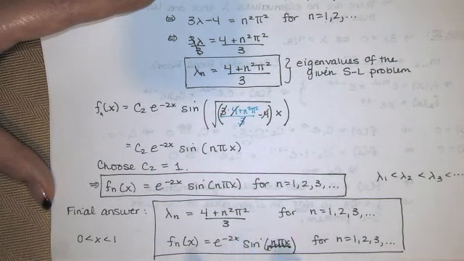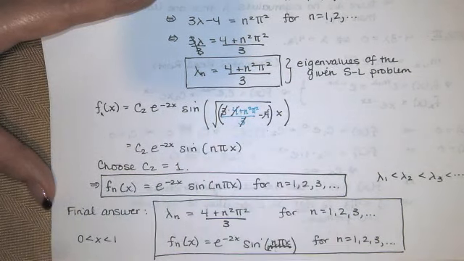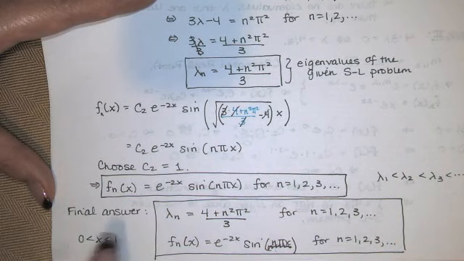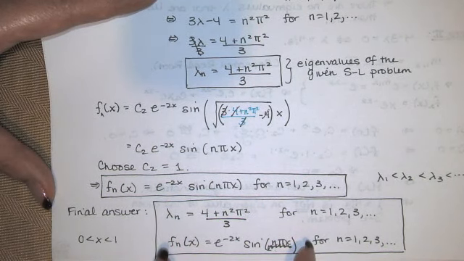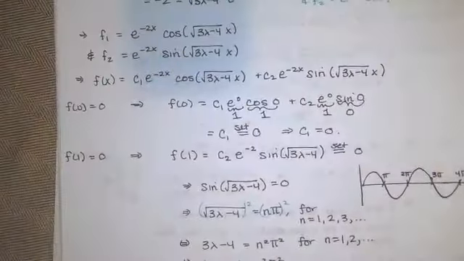And if you multiply this function by basically the same function, but with a different number instead of n, instead of a 3 you've got a 2, instead of a 5 you've got a 7, something like that. If you multiply like f sub 1 and f sub 3 together, or f sub 5 and f sub 7 together, and then you integrate from 0 to 1, you're going to get 0. That's just another way of saying that these functions are orthogonal, or they form an orthogonal set. So that is how we solve that particular eigenvalue problem.